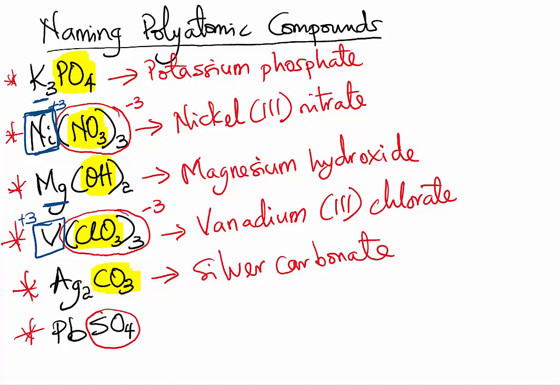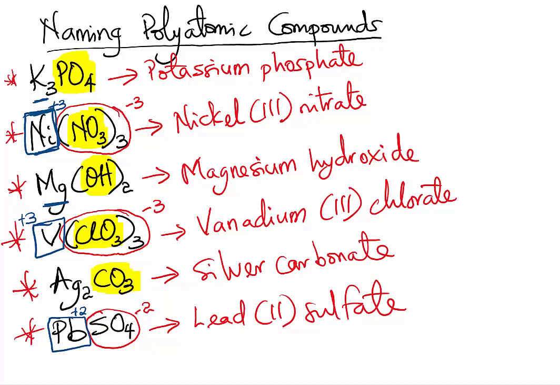The polyatomic ion is sulfate. Sulfate is always -2, which means that the lead in this compound would have a charge of +2 to balance out the -2. So the name of PbSO4 will be lead 2 sulfate. If you write lead sulfate, you will be wrong.